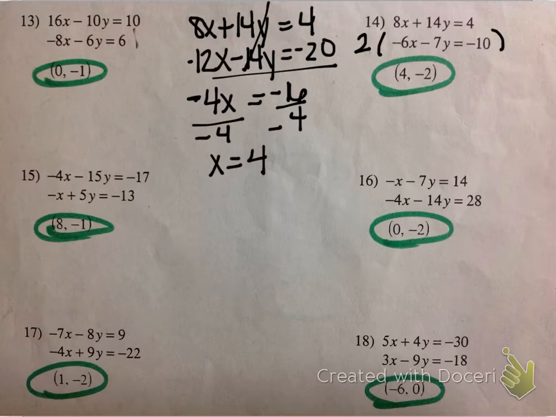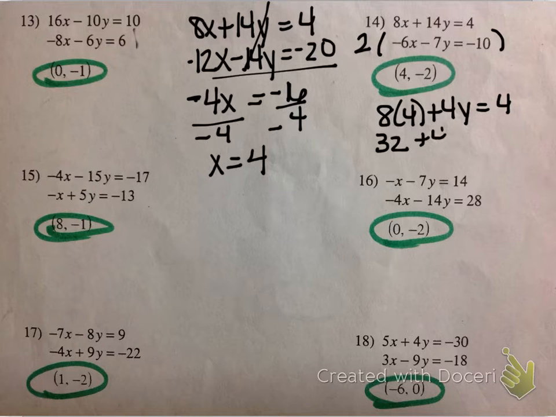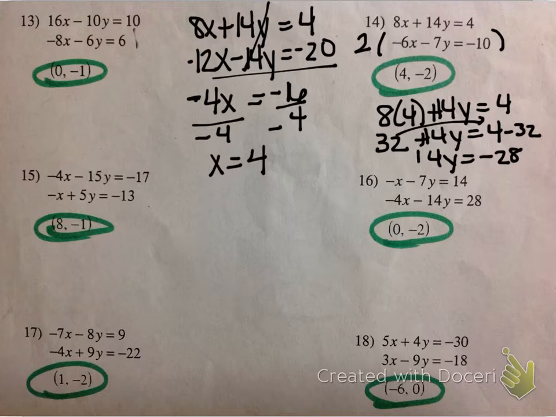So then, 8 times 4 plus 4y equals 4. And then 32 plus 4y equals 4. Now we're going to move the 32 over and make it negative. So 4y equals negative 32. And then divide by 4, and y will be negative 8.